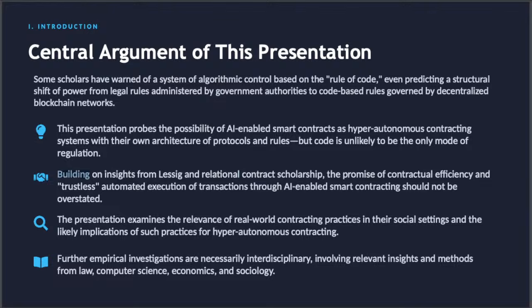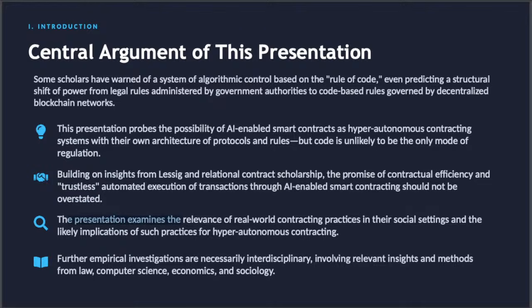We have four forces building on insights from Lessig and relational contract scholarship. The promise of contractual efficiency and trustless automated execution of transactions through AI-enabled smart contracting should not be overstated.